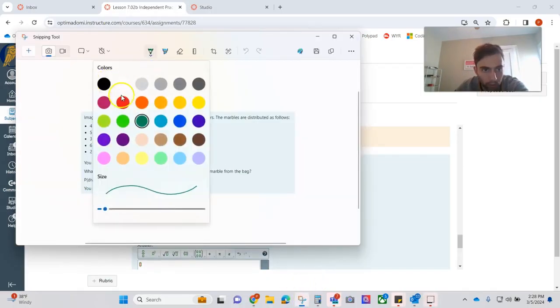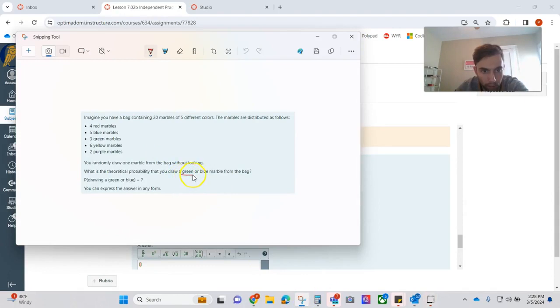So I want either a green or a blue marble. Probability of drawing a green or blue marble. So I need a ratio, a fraction for this question.